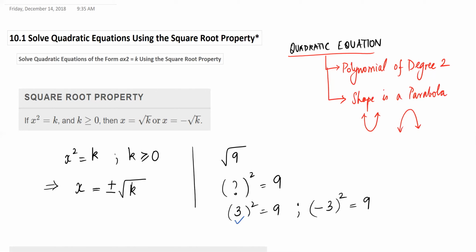But here, when we're solving equations, we need to consider both possibilities of plus and minus. So there are two answers, but they're combined in one in this notation. Two answers. One is positive, another one is negative.